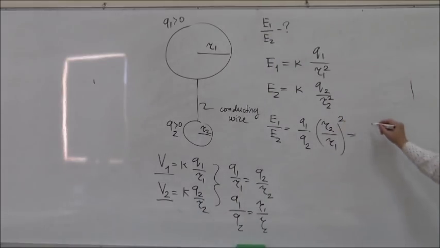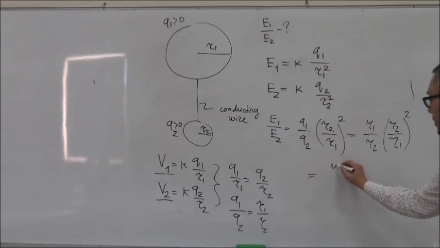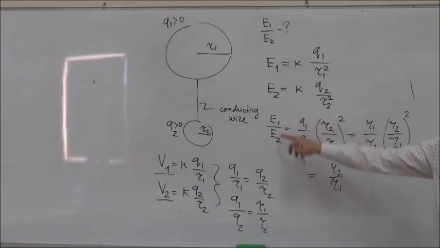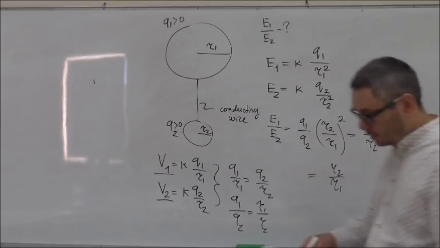So this becomes R1 over R2 multiplied by R2 over R1 squared. So the final result is R2 over R1. So the ratio of the electric fields on the surface of these two spheres is only related to the radii of these two spheres and not the charges on them.